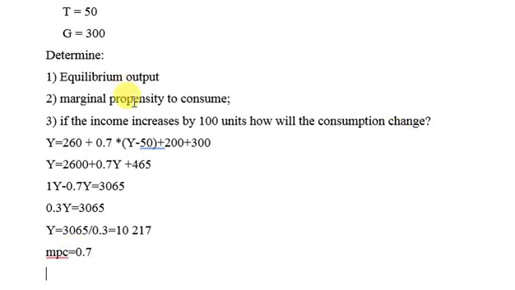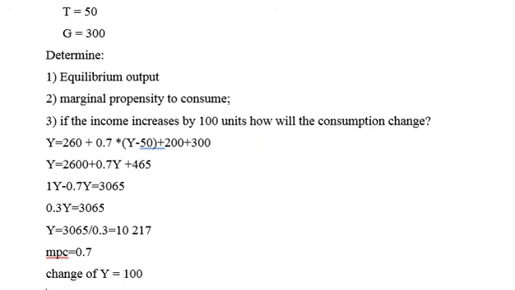And if income increases by 100 units, how will consumption change? The change of income, and in this case it's the output as well, equals 100.